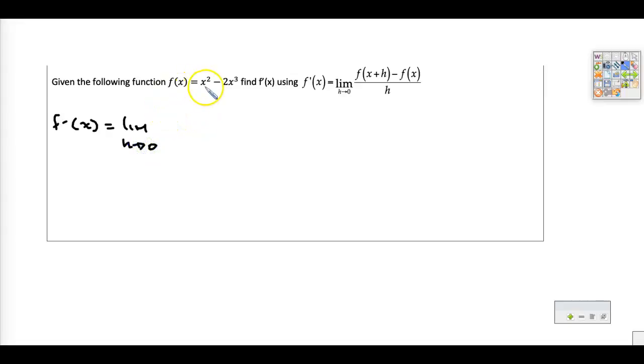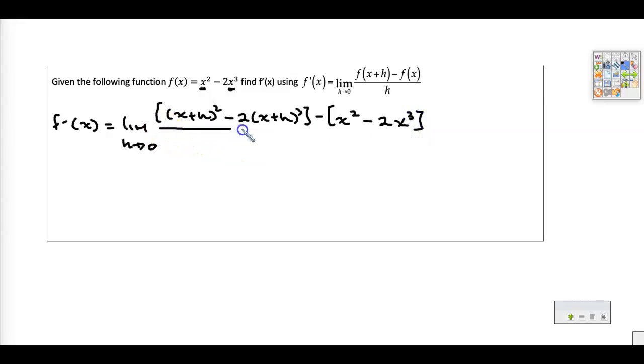I've got to put an x plus h here and an x plus h there. So this is going to be an x plus h quantity squared minus 2 times x plus h to the third power minus f of x, which is going to be x squared minus 2x cubed, all over h.